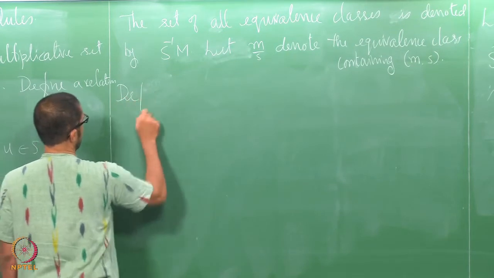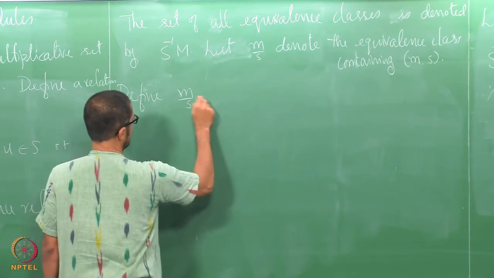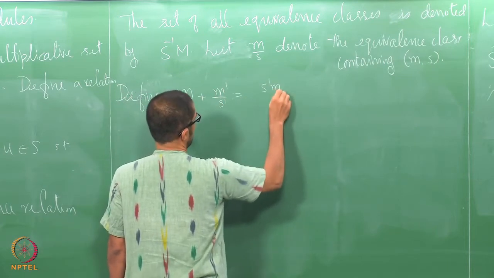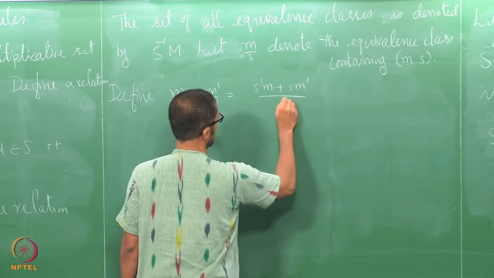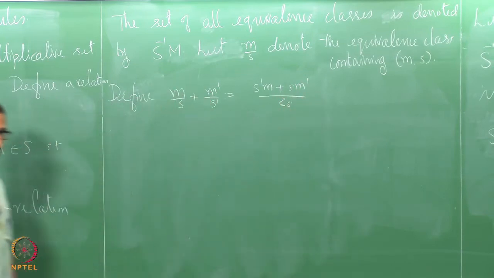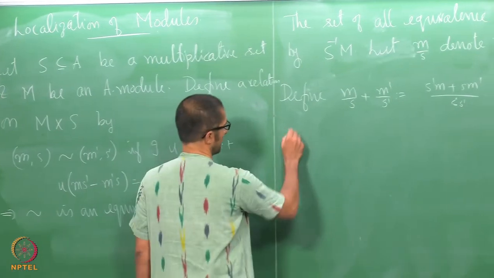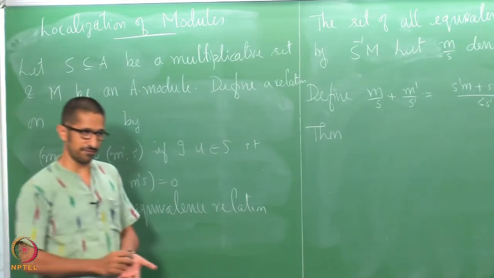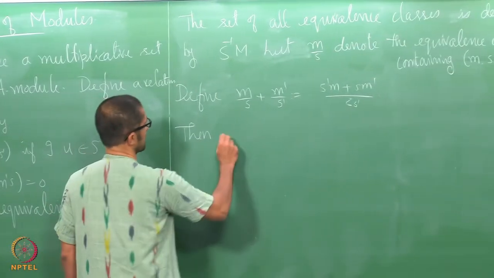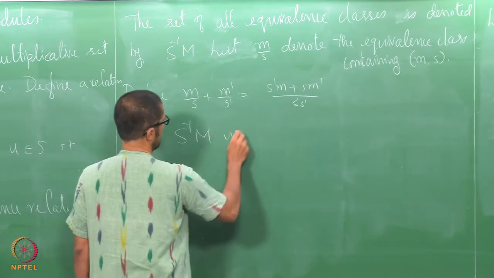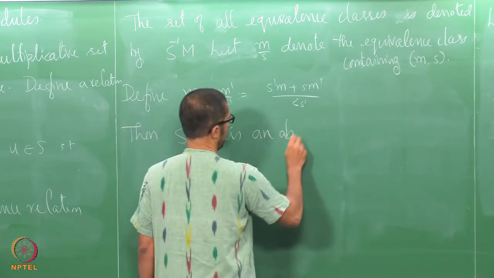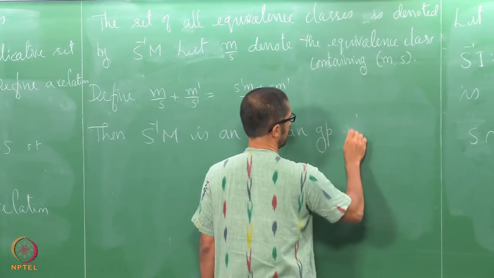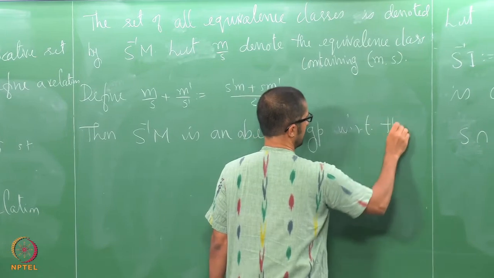Now define m by s plus m' by s' as (s'm + s m') by s s'. Then again first you have to show that this definition is well defined and prove that S inverse M is an abelian group with respect to this addition.